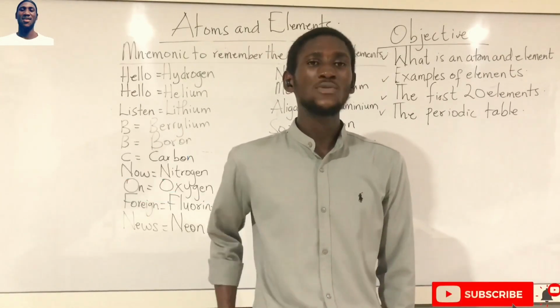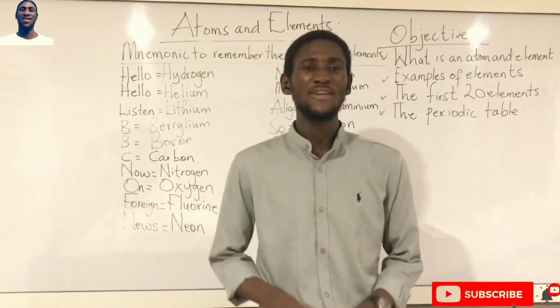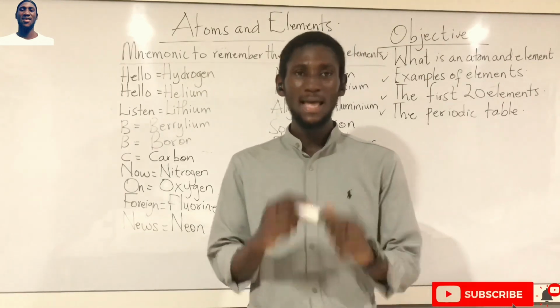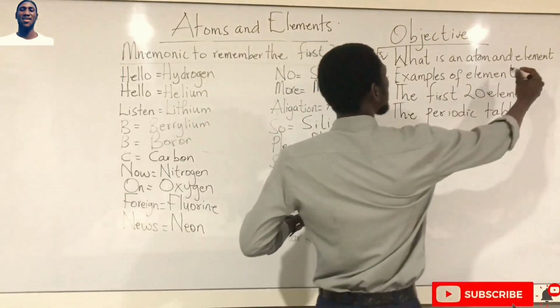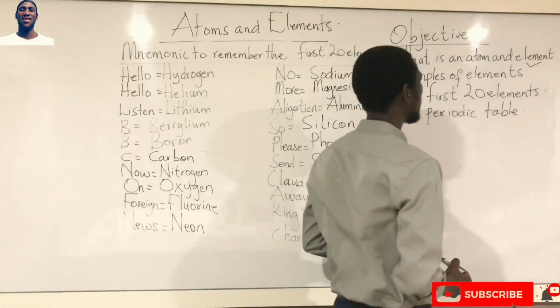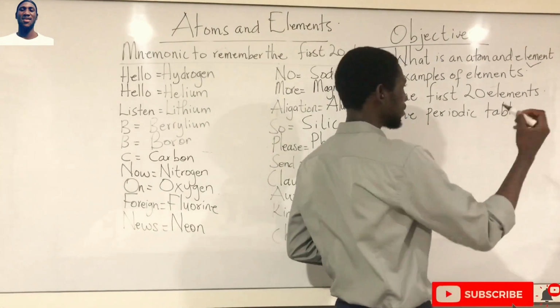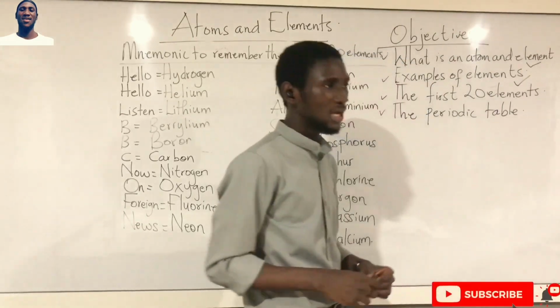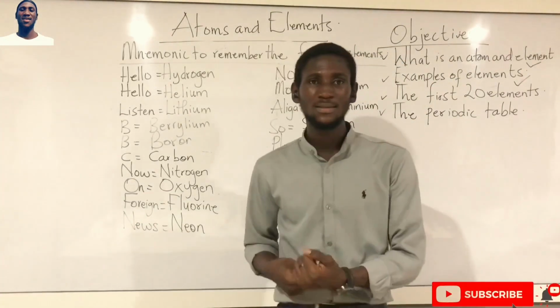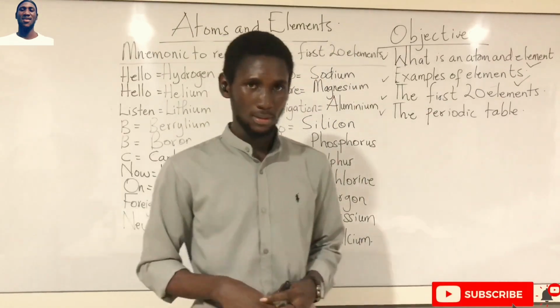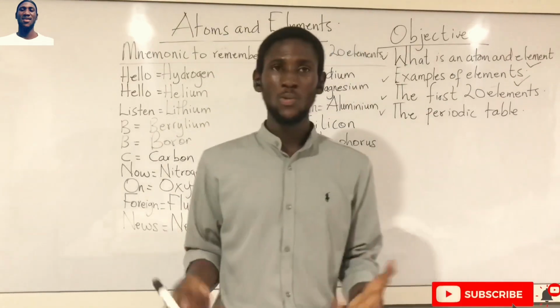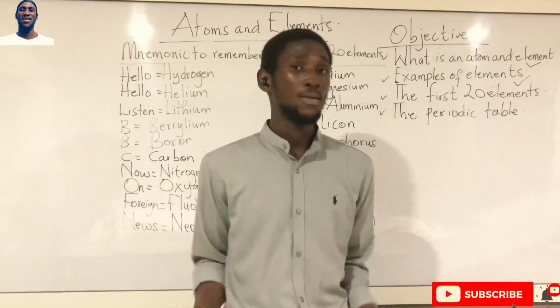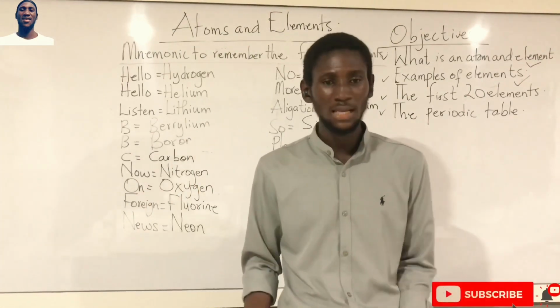But today we are going to fixate our lesson on the first 20 elements. So we know what atoms and elements are, and we also know examples of elements. Now let's look at the first 20 elements. Having used the words first 20 elements, it means that we don't just have 20 elements.